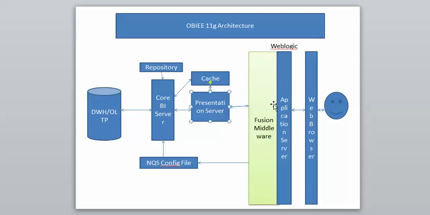So in 10G, this Fusion middleware concept was not there, and you could have any application server, and security had to be created individually at every server level.